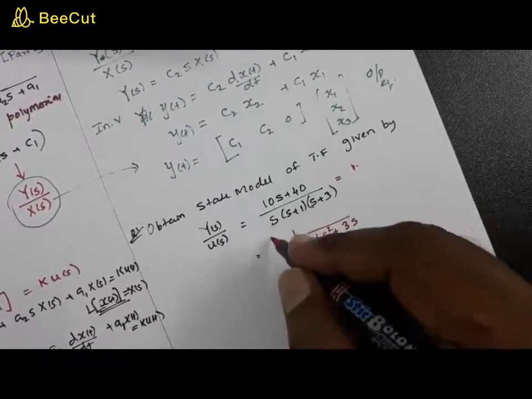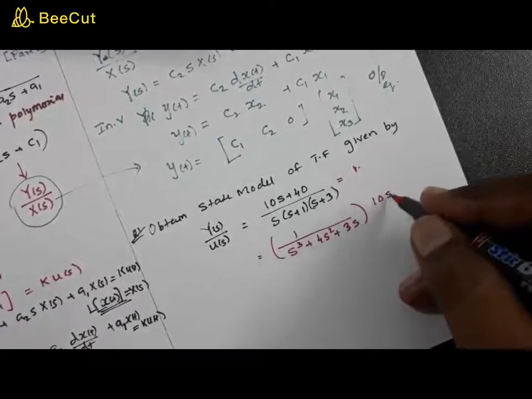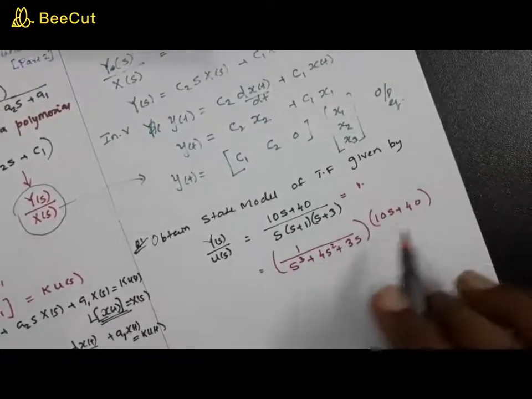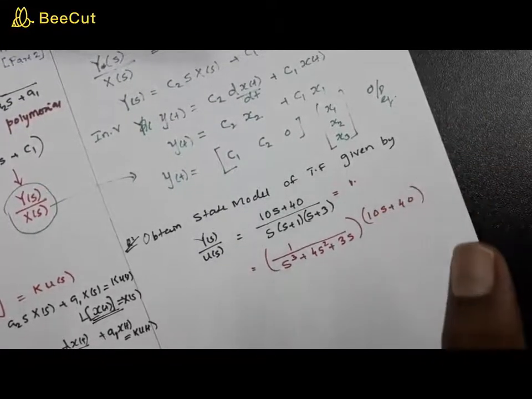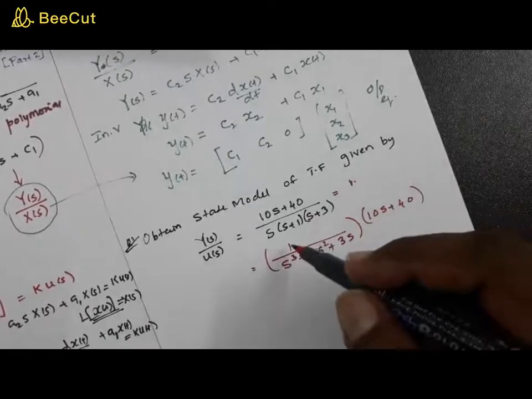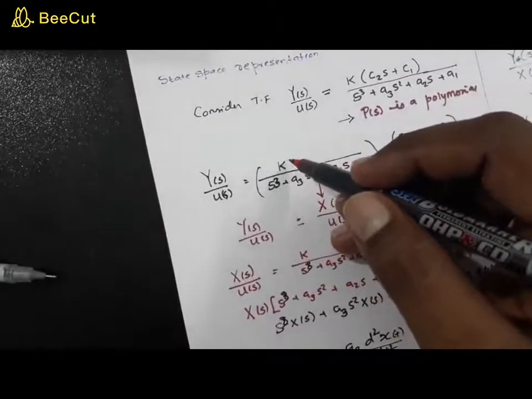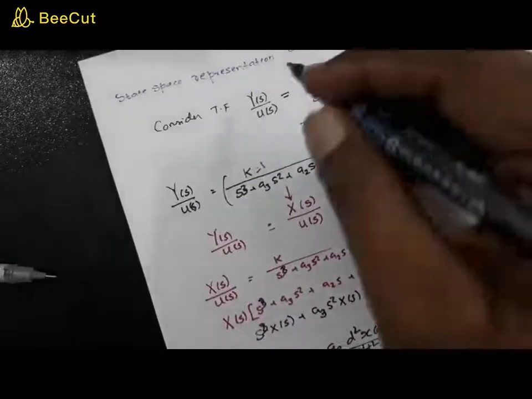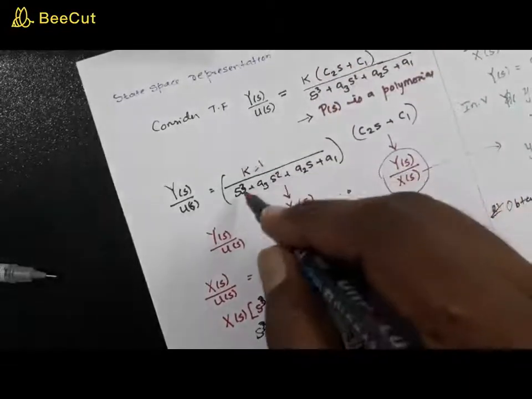This can be simplified as into 10s plus 40. Don't try to take any constant from this, just write it as such. Even though we have written k, this will always be equal to 1, so you should not take anything common from this. This should be 1 by s cube.